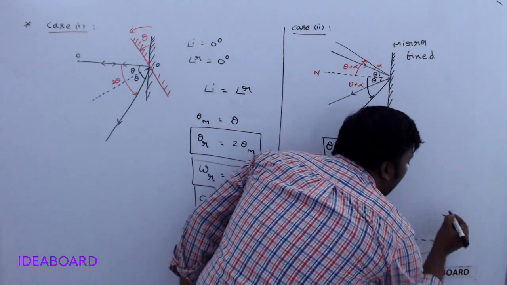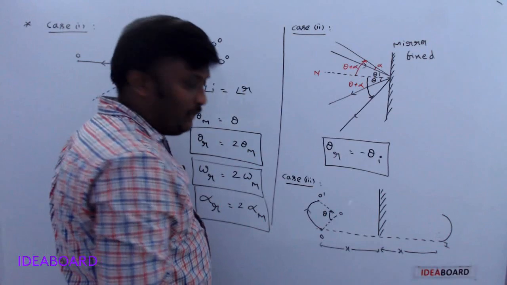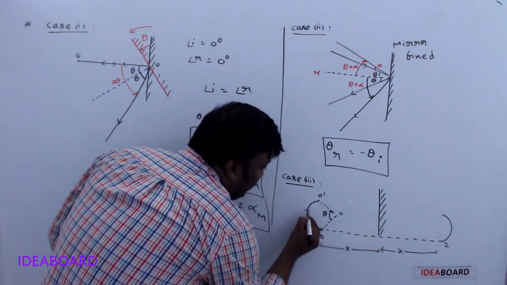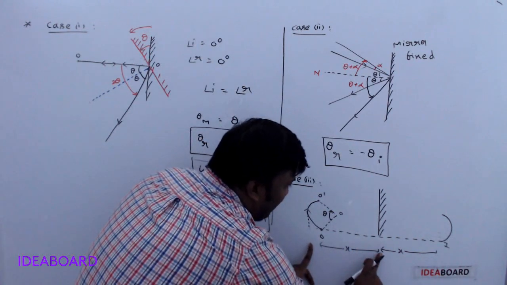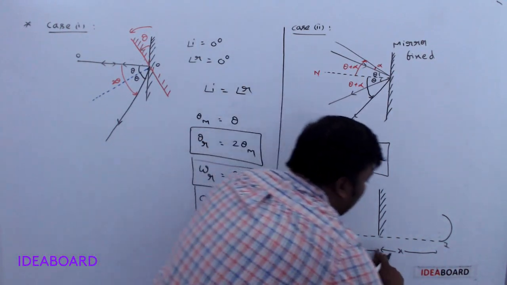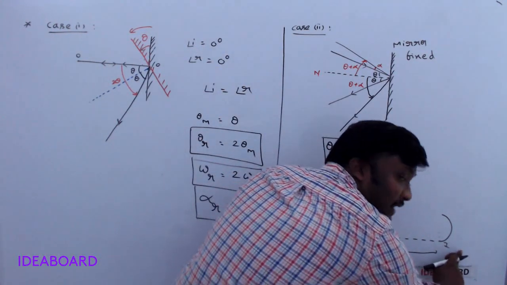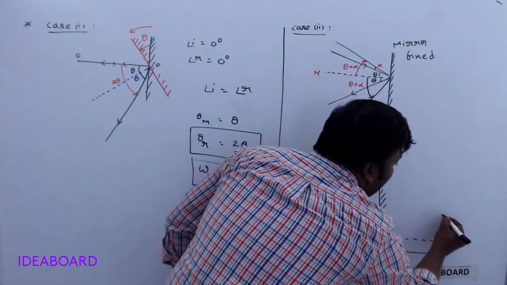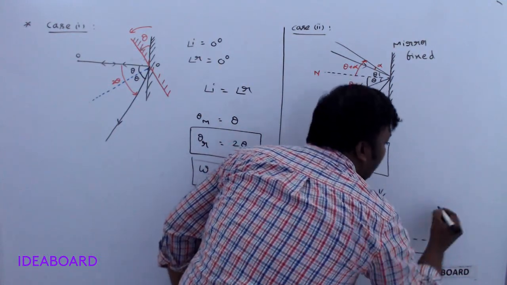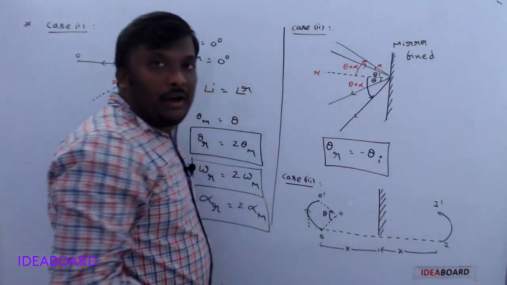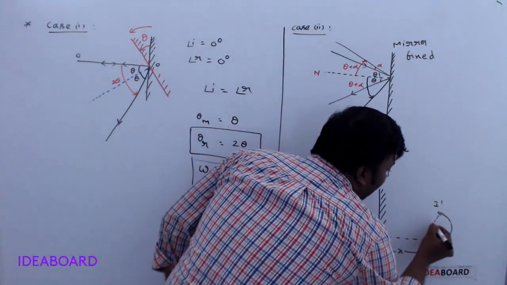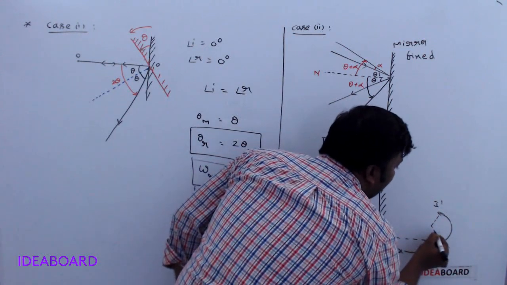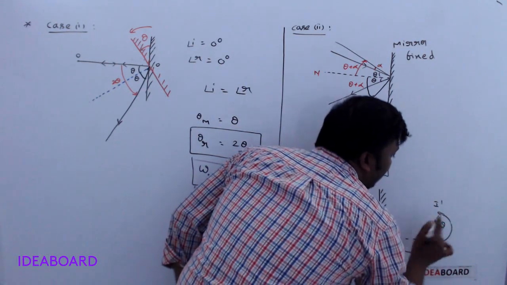Here the image rotates in this way. Take a point here at a distance x plus some y. Then the image is also formed at a distance of x plus y, so it moves in this way. So I is now shifted to I dash, and the angle made by it is theta.